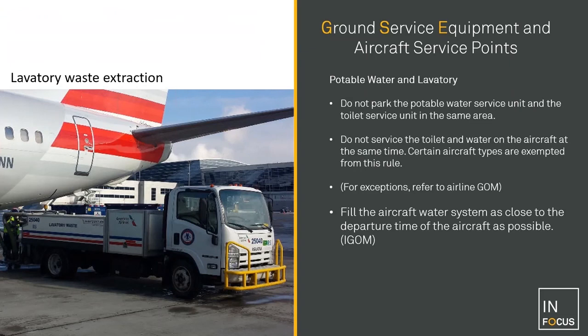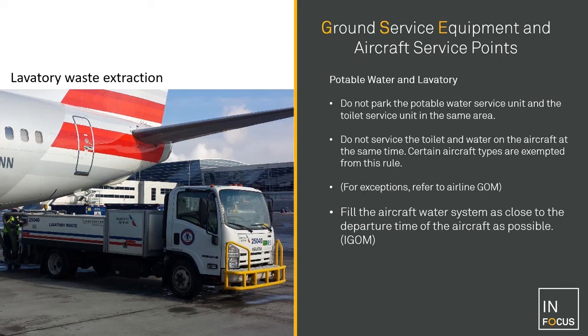Other critical things which need to be considered in the whole sequencing of arrival and departure of these different equipment types are your water and lavatory. The trucks look very similar, but they are very different, of course. You're talking about fresh potable water, drinkable water, as opposed to lavatory waste.